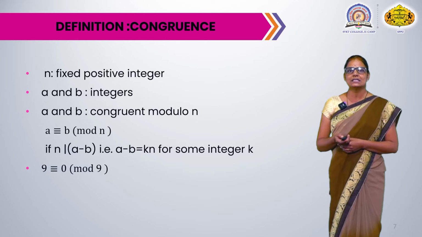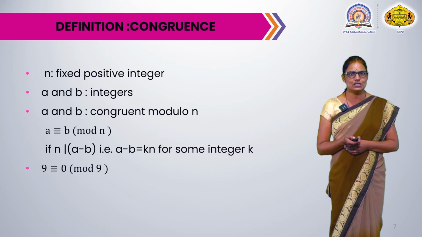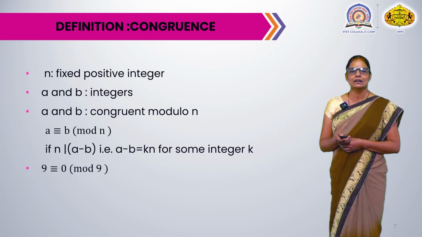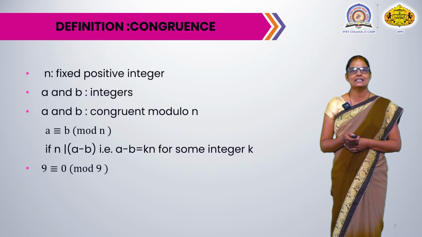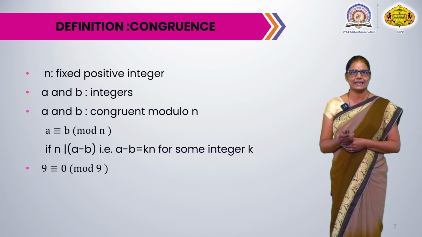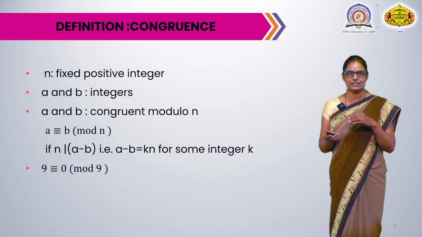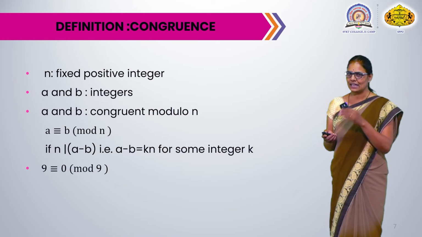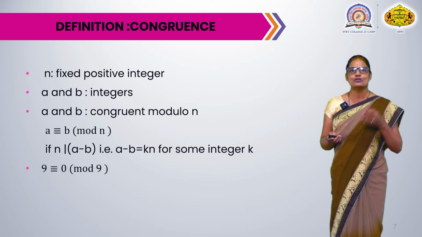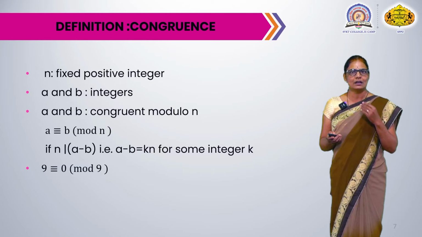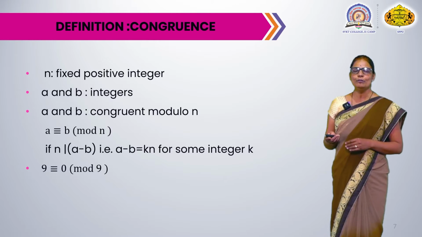Now this is one example. 9 is congruent to 0 modulo 9 because 9 divides the difference of these two integers 9 and 0. The difference of 9 and 0 is 9 minus 0, which is 9. 9 is divisible by itself. So 9 is congruent to 0 modulo 9.